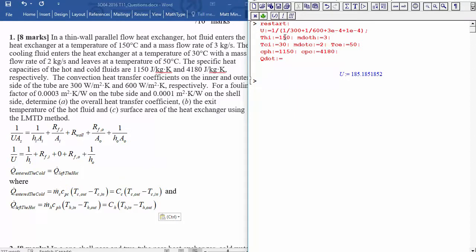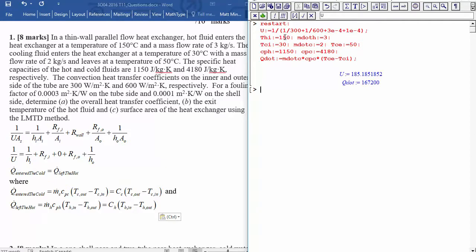So because of that, now we've got the ability to calculate the total energy transfer rate, the rate of energy transfer from the hot fluid to the cold fluid, by the rate that the cold fluid is increasing in temperature, and that would be its mass flow rate times its heat capacity times the increase in temperature that it has.